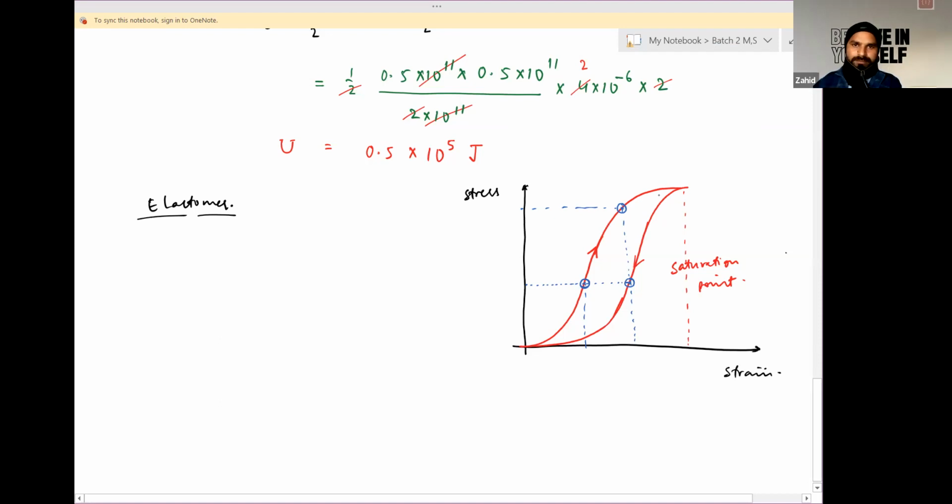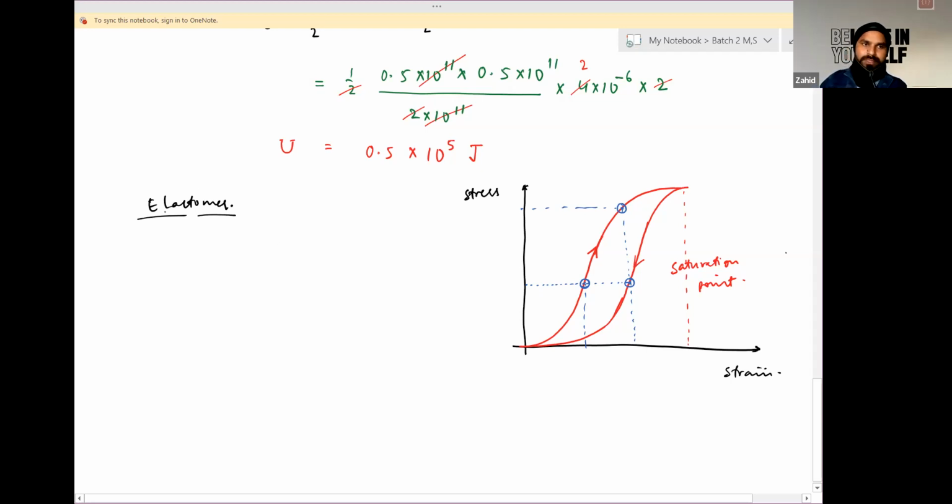So while going up and while coming down, stress and strain are not proportional in extension or compression. They lag with each other while going up or coming down. This property of an object is termed hysteresis. Since we are defining it for any material, this is called mechanical hysteresis.